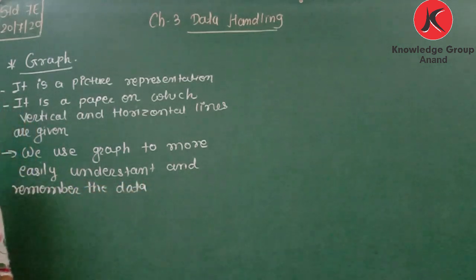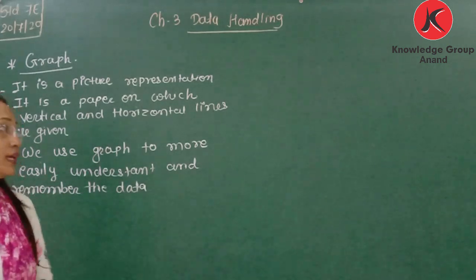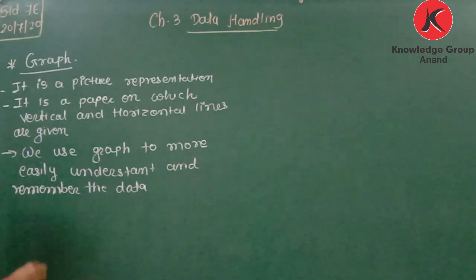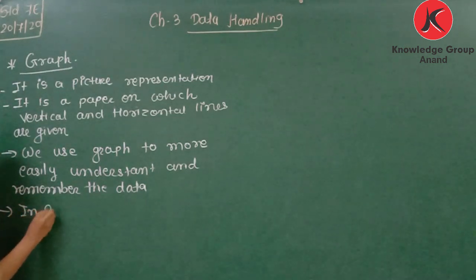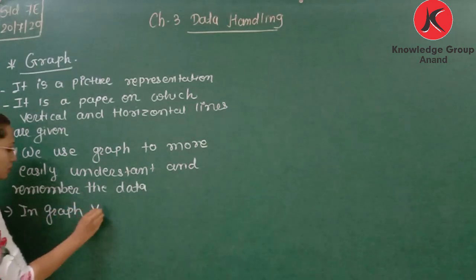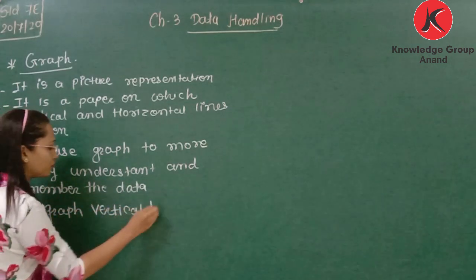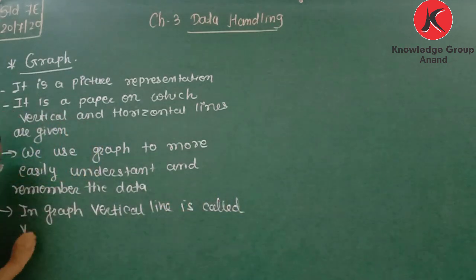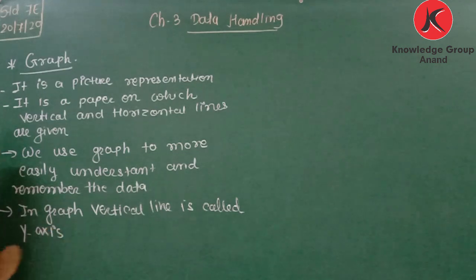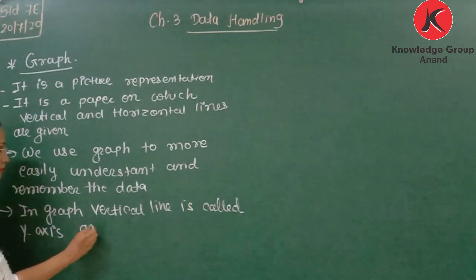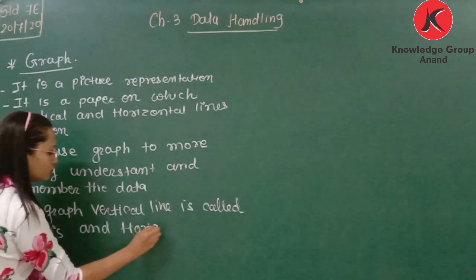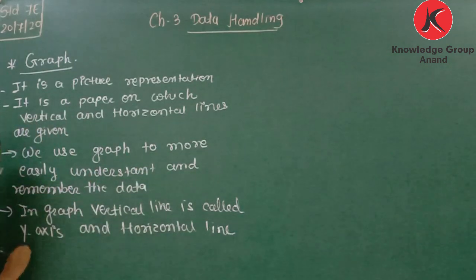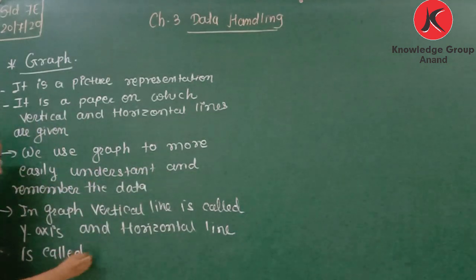Okay. Now in a graph you need to remember that every time whenever you draw a graph, you need to draw a vertical line and one horizontal line. So here in graph, the vertical line is called y-axis and the horizontal line is called x-axis.